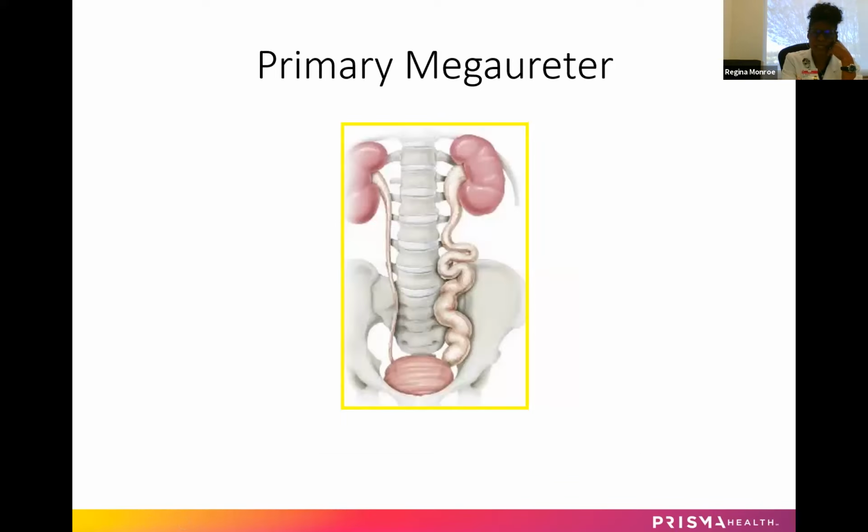And here's another depiction of that, including now the kidney, where we see the ureter being dilated, typically at its most distal points, and that degree of dilatation may not translate into the intrarenal collecting system.